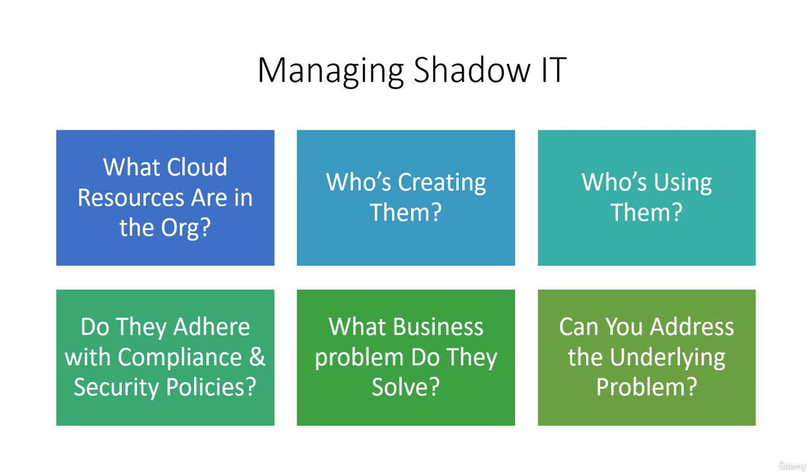Clearly the technology exists. DigitalOcean can do it in 55 seconds. How can you help the person that really genuinely needs a server to quickly get that machine without skirting around the organizational controls? So that's shadow IT, and indeed that is the organizational security consideration lecture.